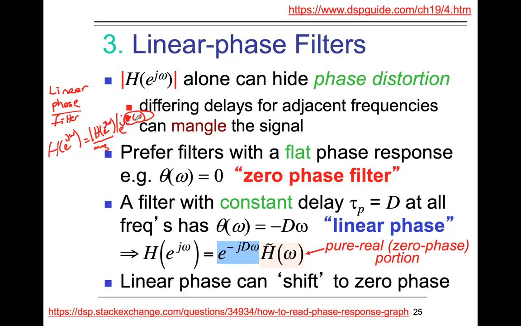What is a zero phase filter? A zero phase filter means there is no phase. θ(ω) is 0. For example, if H(e^{jω}) is always 0.9, there is no phase here.